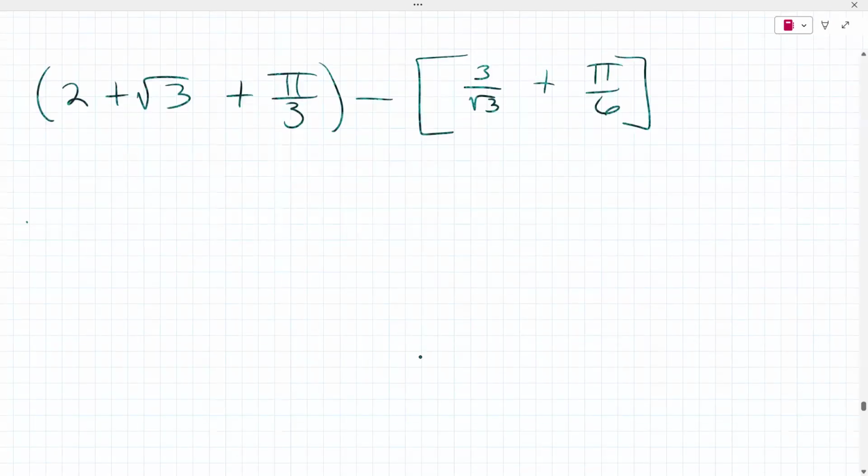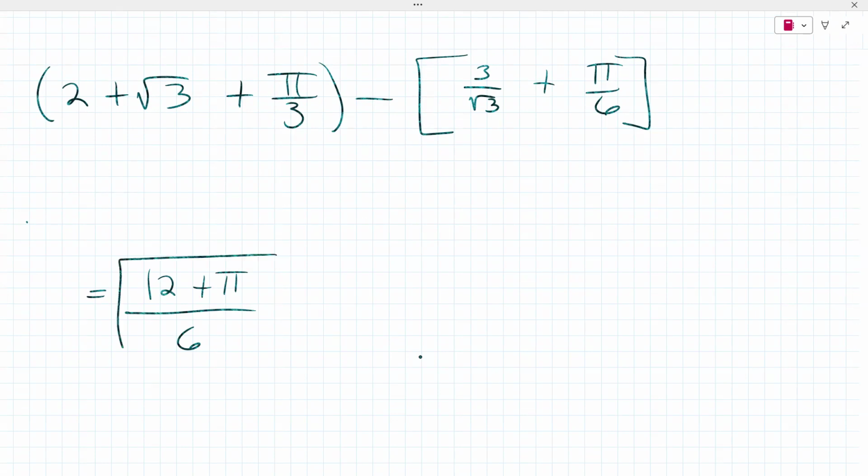When you clean this all up, to save us time, the final answer should be 12 plus pi over 6. When you add them all up, collect like terms, make sure the denominators are the same, you should get 12 plus pi over 6.